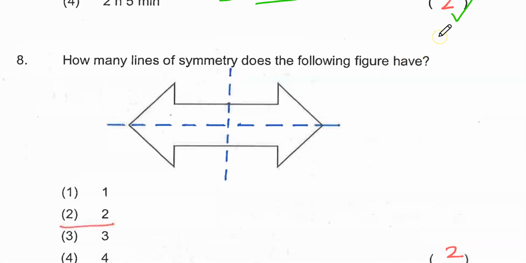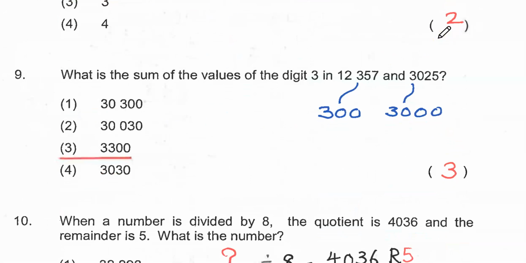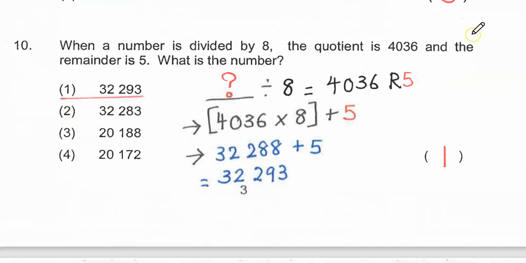Number 8, line of symmetry, 2 lines of symmetry. Number 9, sum of the values of digit 3. It means the value of this is 300 and this is 3000, add them together, it gives you 3300. Number 10.